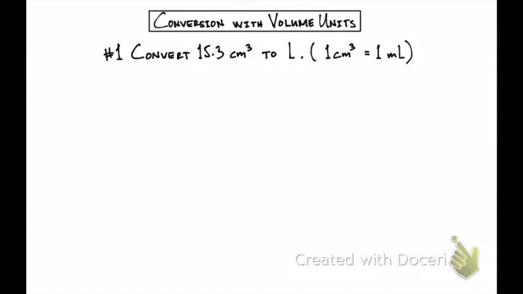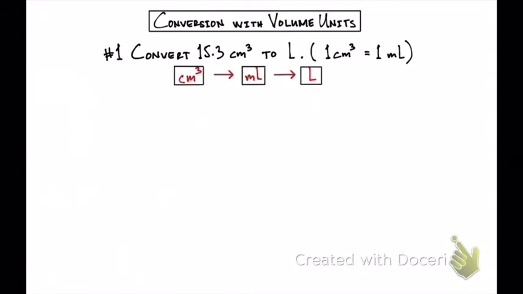All right, so this is going to involve multiple steps, right? Because we don't have a direct numerical relationship between cubic centimeters and liters. And so what we're going to do here, our approach, is going to be to convert cubic centimeters to milliliters first, and then from milliliters to liters.